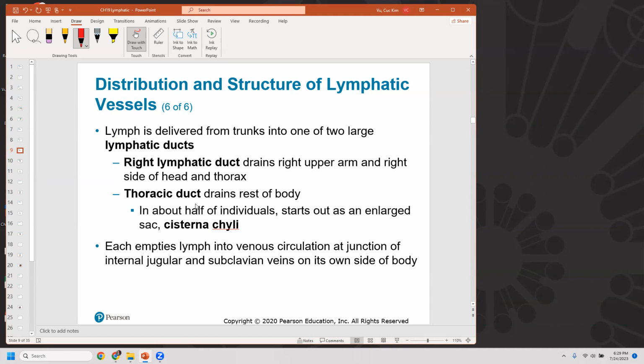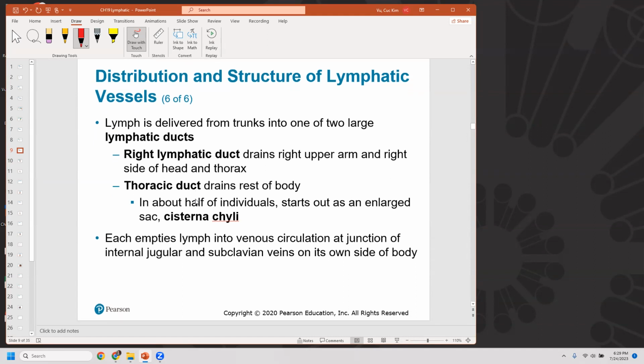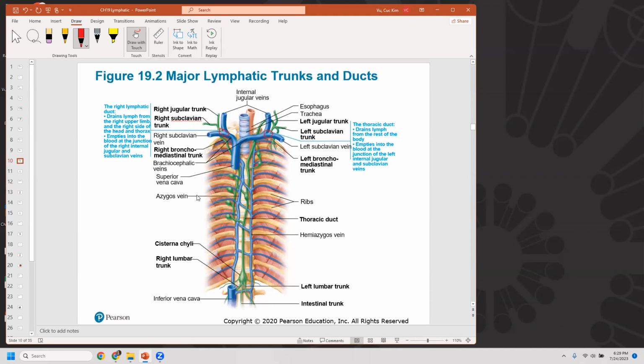Now, let's see a picture of that again. So the right side goes to that junction between the internal jugular veins and the right subclavian vein.